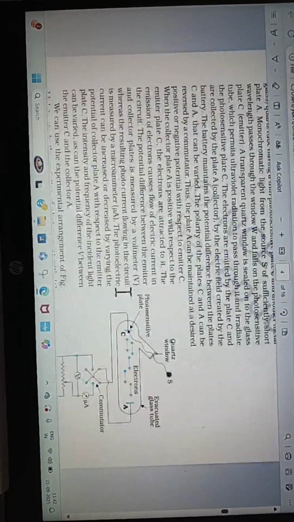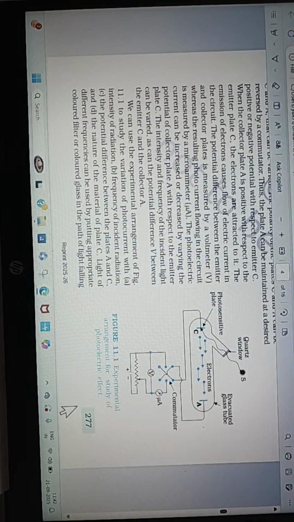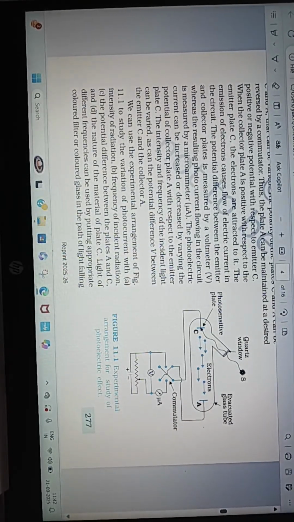Okay, just do it yourself, this one, and then come to this experimental study of the photoelectric effect. You read from your textbook. I will download the PowerPoint presentations, which are very, very interesting. You will understand directly.